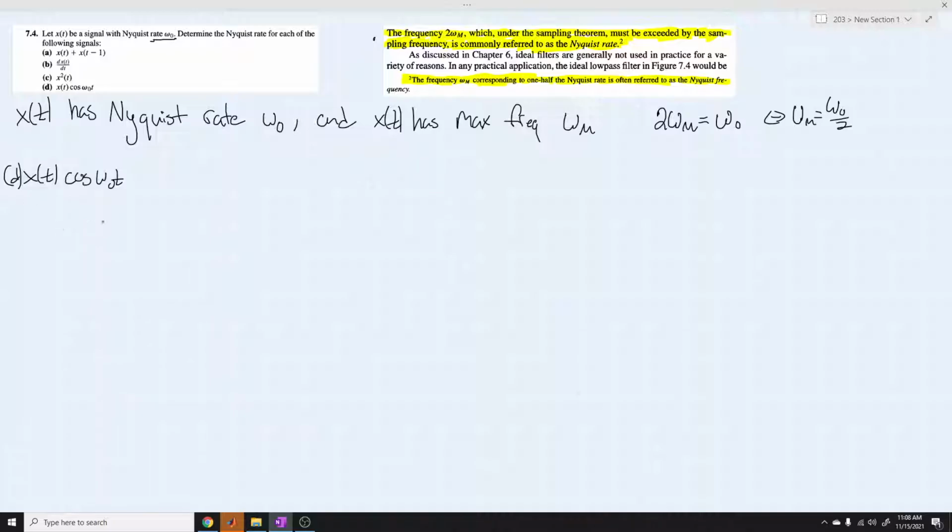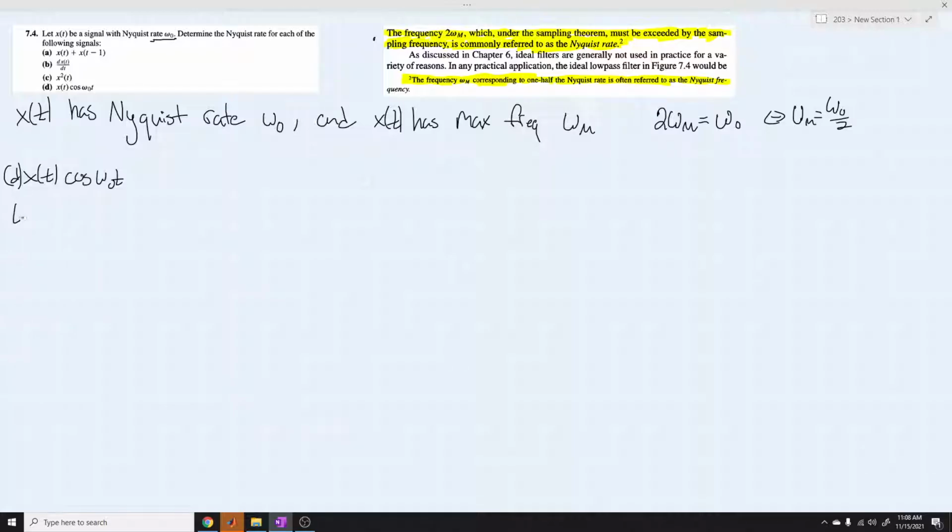Now, x of t times cosine of omega sub naught of t. We know x of t is periodic because it has a Nyquist rate. We also know it has a maximum frequency constant. So let's solve this a different way than Dr. Wang did in the practice problems. Let's make an assumption.